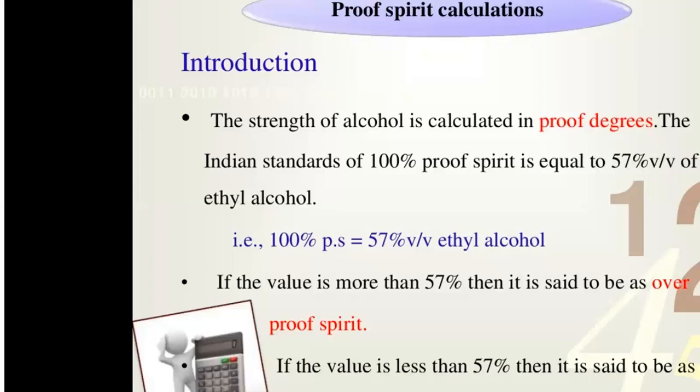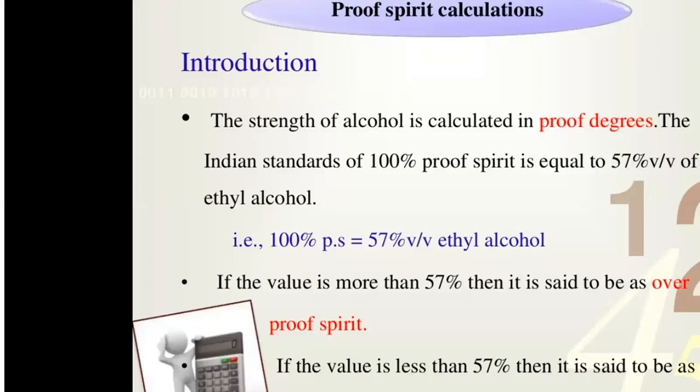If the value of ethyl alcohol is more than 57%, then that type of alcohol is said to be overproof spirit. And if the value is less than 57%, then that is said to be underproof spirit.